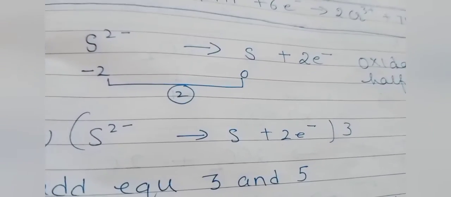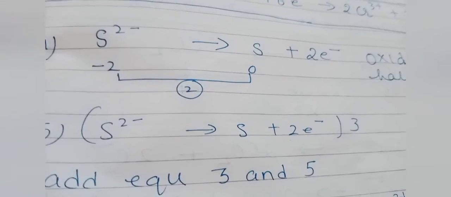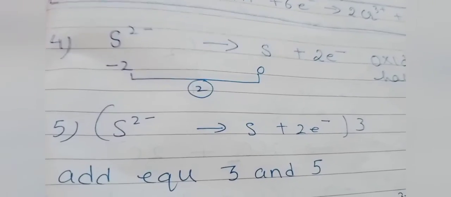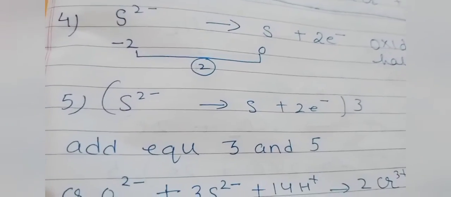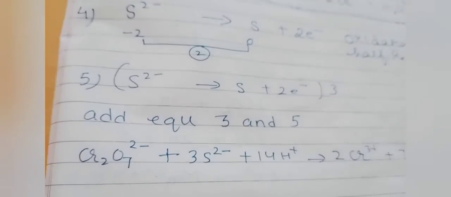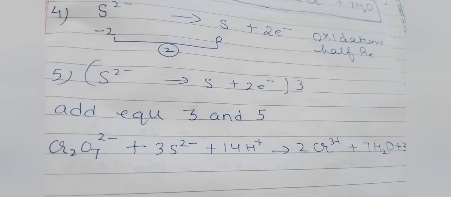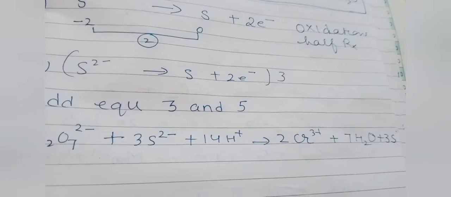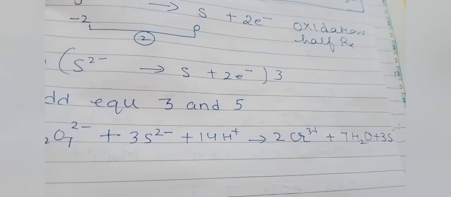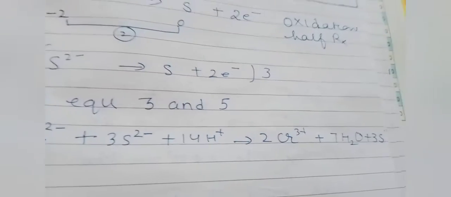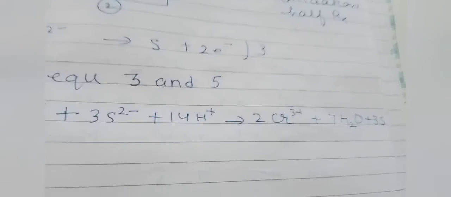To balance the equation we multiply equation number 5 with 3, and then add equations 3 and 5 to get the final equation: Cr2O7 2- plus 3S2- plus 14H+ gives 2Cr3+ plus 7 water and 3 sulfur. Now this equation is balanced.